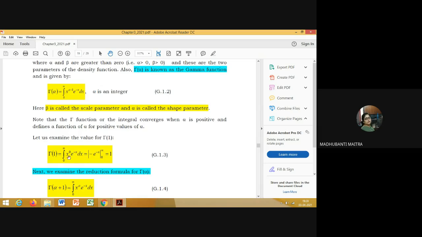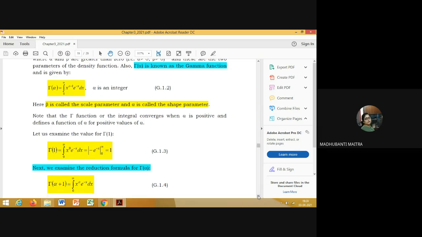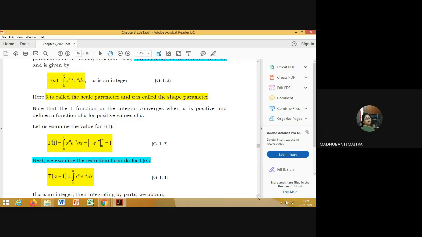What will be the value of this integration? Tell me, ma'am. Gamma 1, will it be equal to 1? Yes, ma'am. Okay.